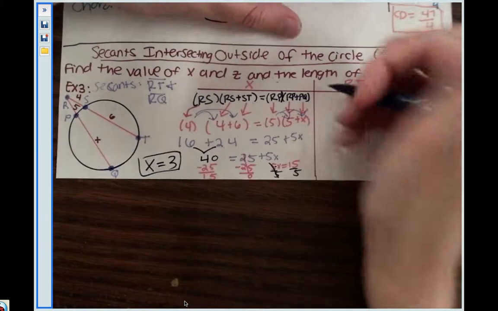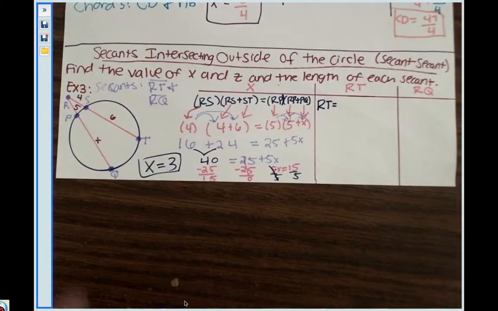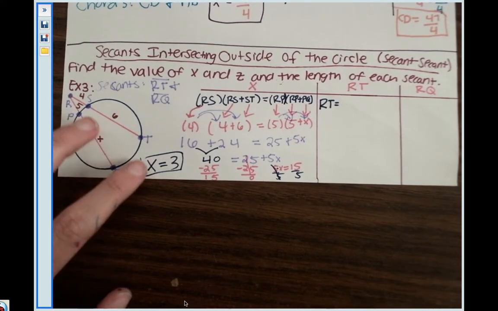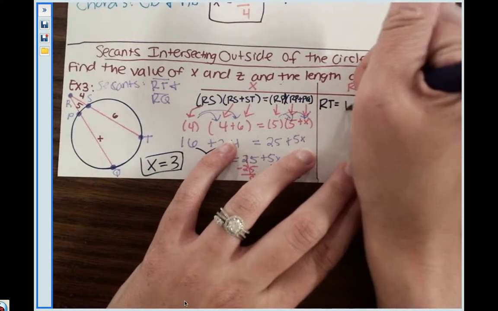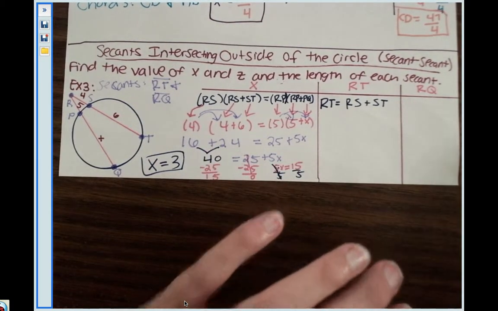Okay, so I'm going to break down these 2 segments into the 2 segments that lie within it. So which 2 segments are within RT? They are RS and ST. So that will equal RS plus ST. All right, let's start filling in some values.